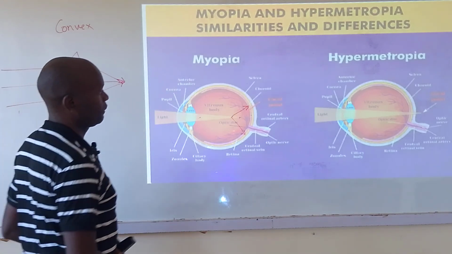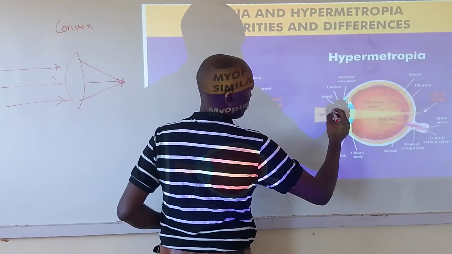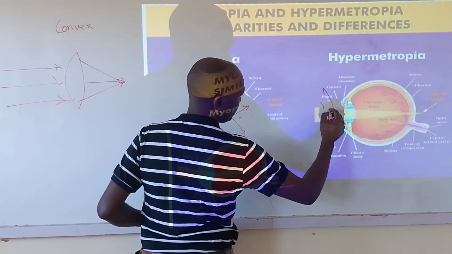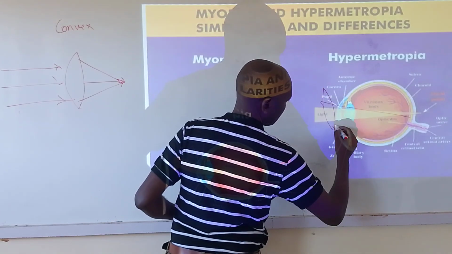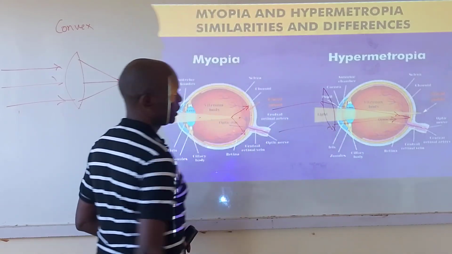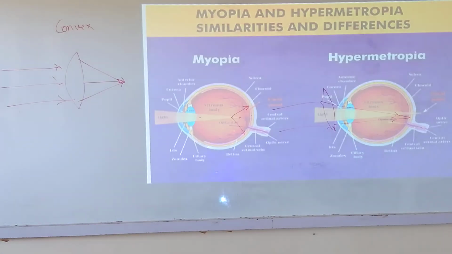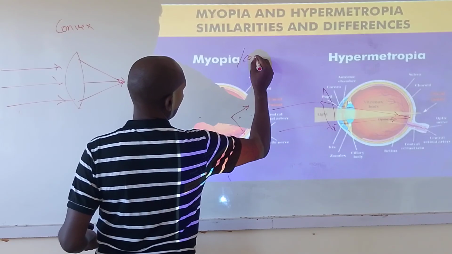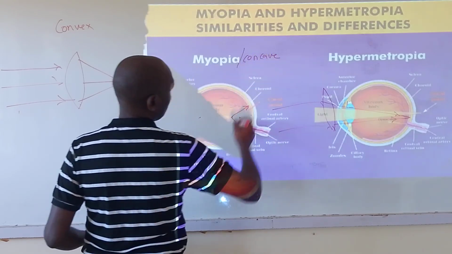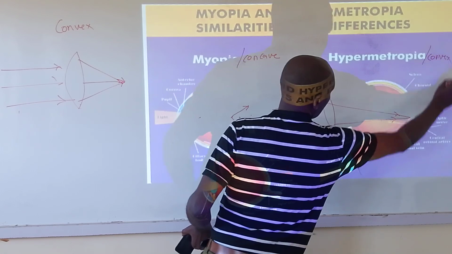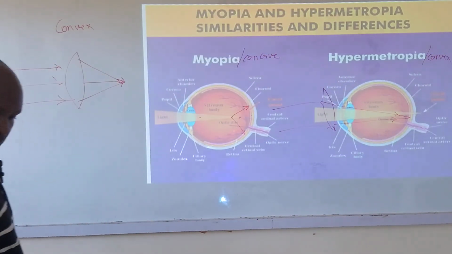So instead of light bending backward, when we put a convex lens here, it will bend this light closer to the retina, and then it will correct that error. We call it refractive errors. So this one is corrected by concave, while this one is corrected by convex glasses.